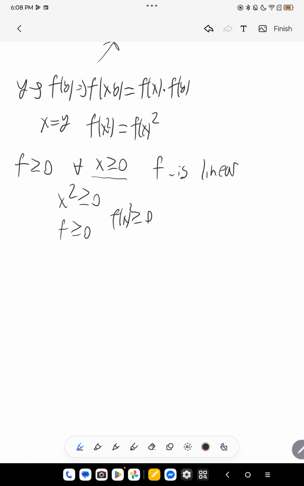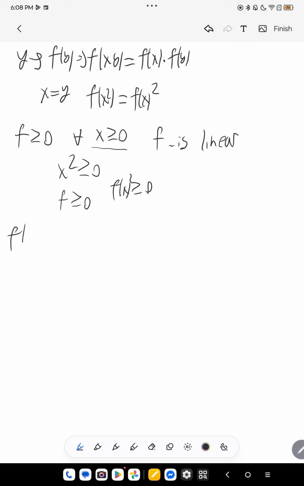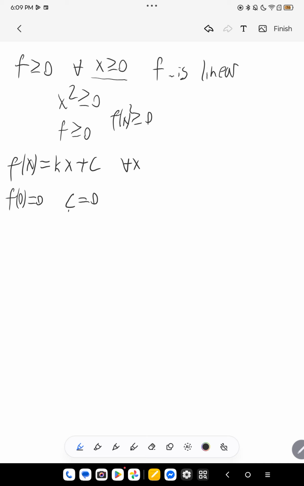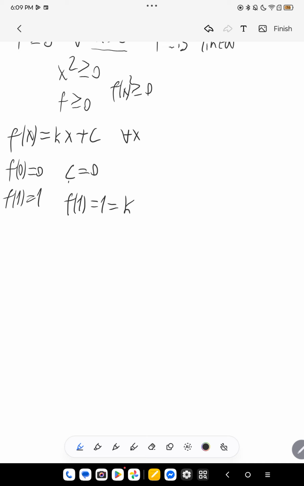So we get f is linear, so f(x) equals kx plus c for every x. We know that f(0) equals 0, so c equals 0. And we also know that f(1) equals 1, so k equals 1. After putting k and c, we get that f(x) equals x.